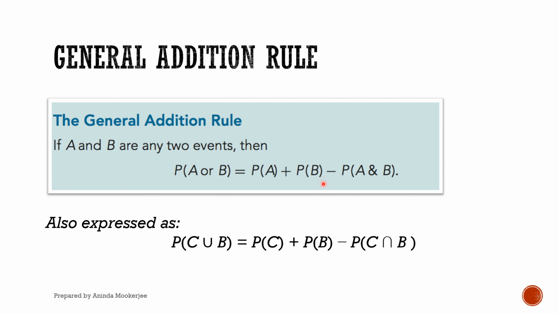All right, and again with the set notation, this is how you denote the general addition rule. Probability of A union B equals probability of A plus probability of B minus, now this downturned U symbol suggests intersection.